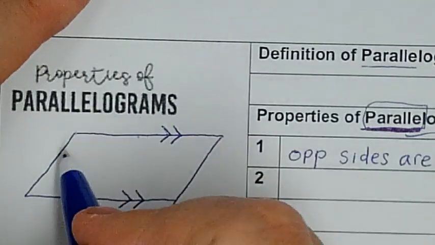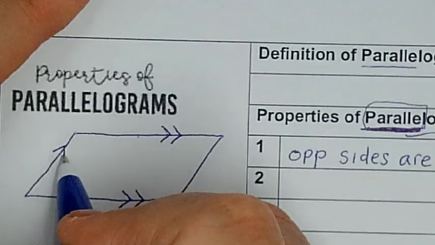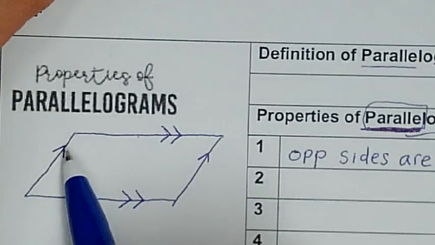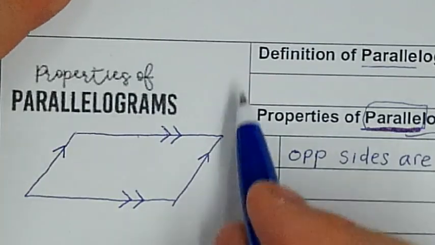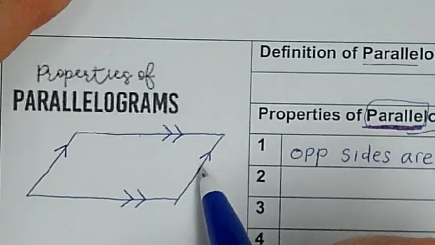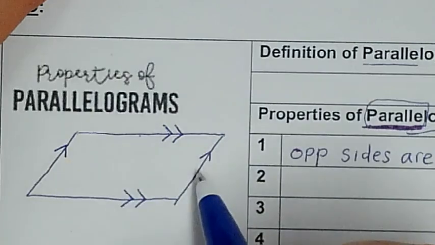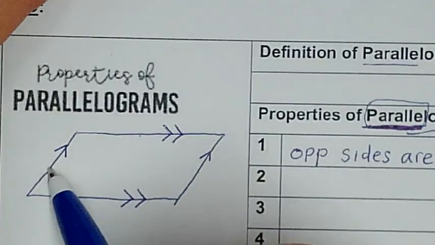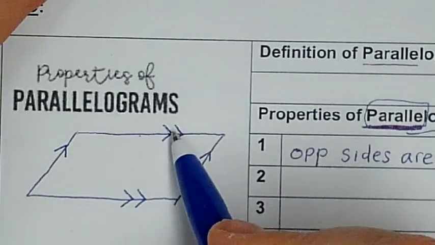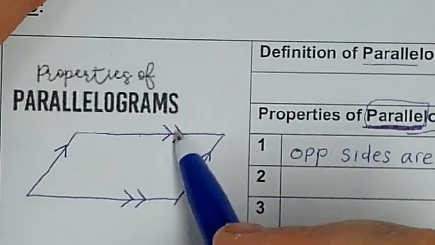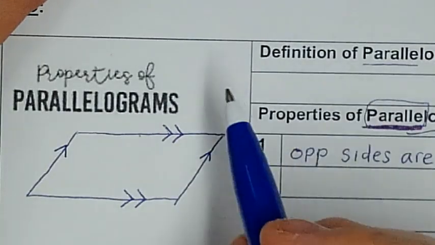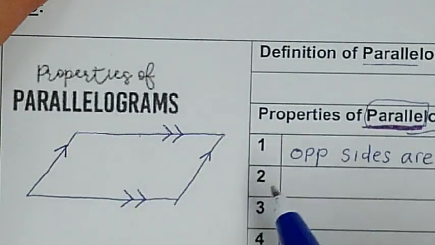Arrows. Now, I'm only going to put one arrow. Notice how that side has one arrow and that side has one arrow? Do you know why? Because I want to show that these two sides are parallel without indicating that the left side is parallel to the top. So the top and the bottom are parallel to each other. That's one pair of parallel sides. And the left side and the right side are parallel.